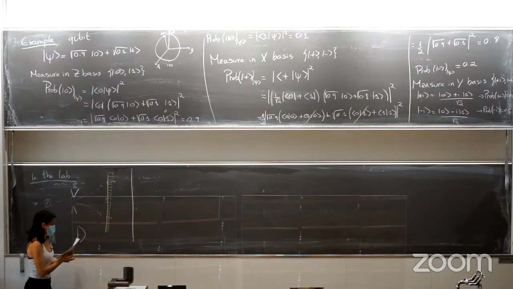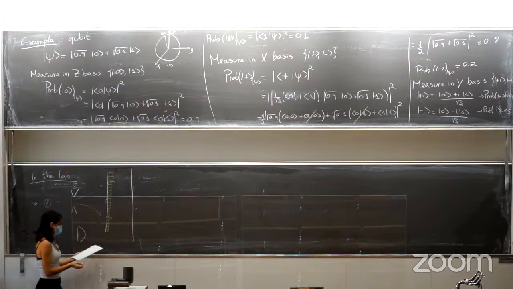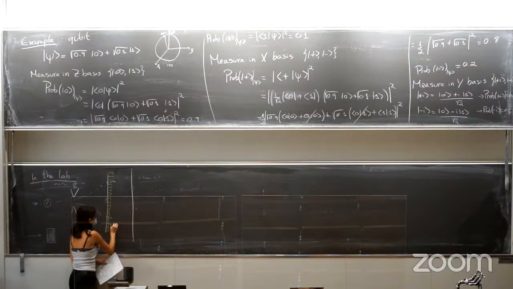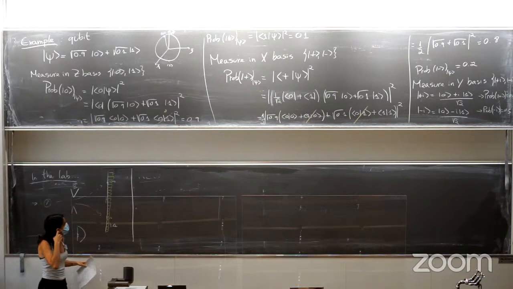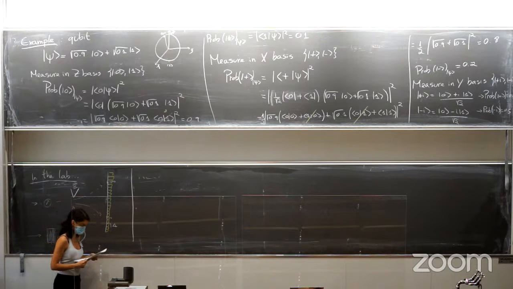But at the end of the day, they'll have some kind of precision delta, and we don't do a perfect measurement in the X space. So we need a way to model this kind of measurement of finite precision.